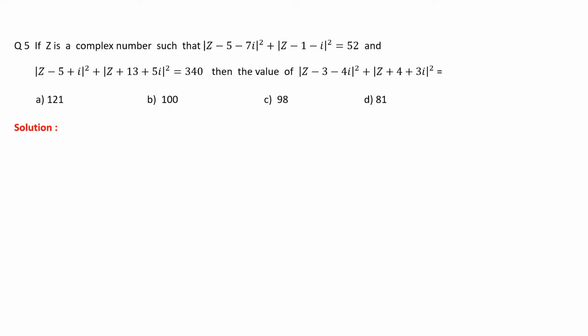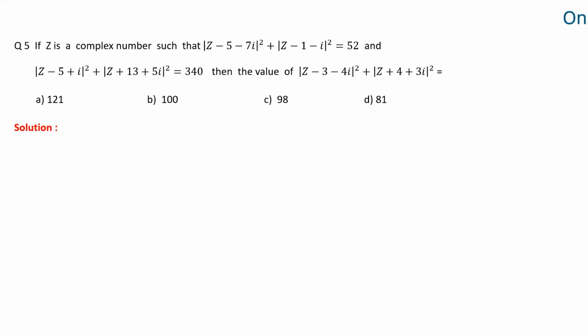So now students, this is a wonderful problem based on the concept of geometry of complex numbers. The question says if z is a complex number satisfying these two given equations simultaneously, then we are supposed to find the value of the square of mod of z minus 3 minus 4 iota plus the square of mod of z plus 4 plus 3 iota.